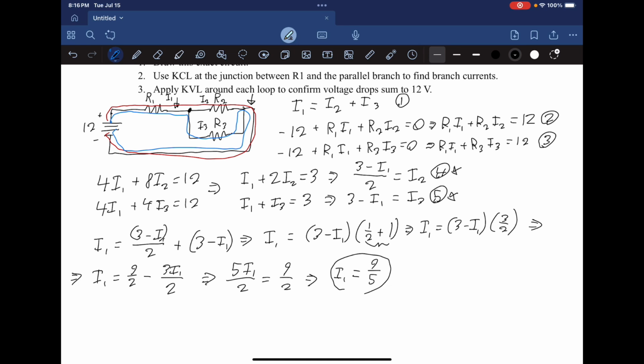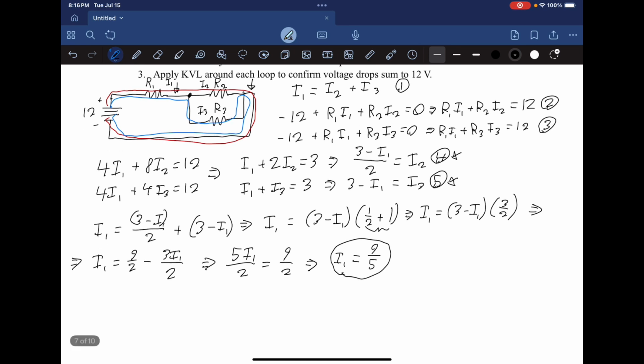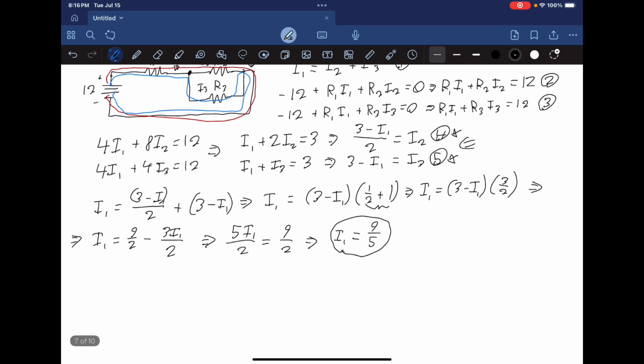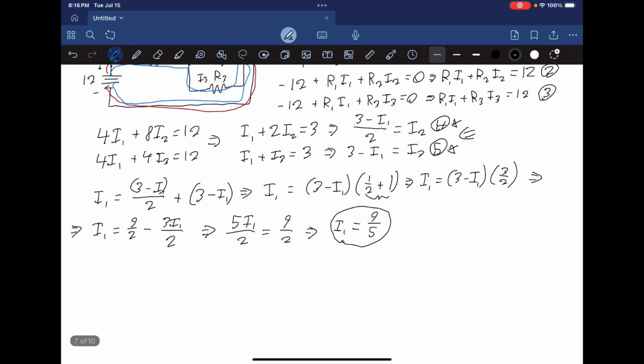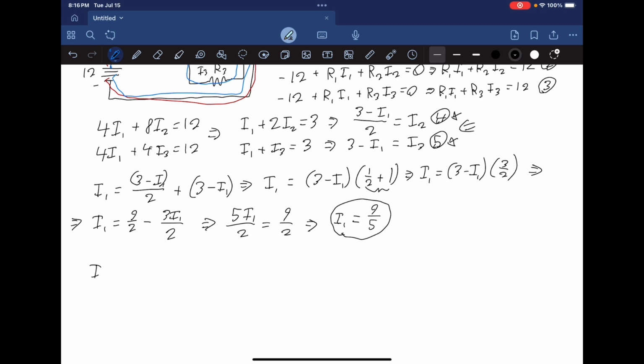So I have I1 equals 9/5 now, and this is the hardest part of the whole equation because now I can easily solve for I2 and I3 using equations 4 and 5 here. So I2, 3 minus I1 over 2. So I2 is going to be 3 minus 9/5 over 2.